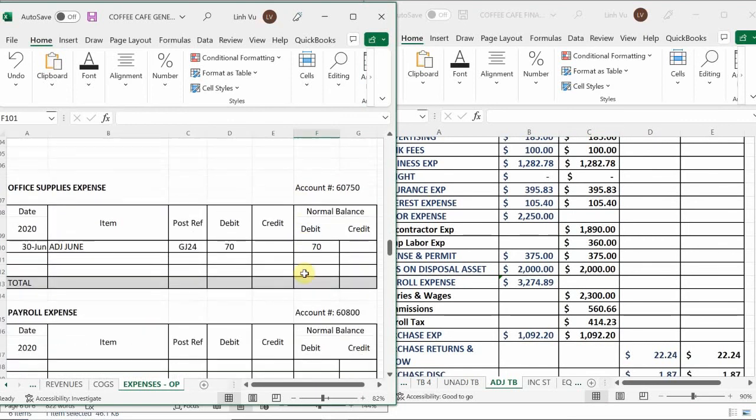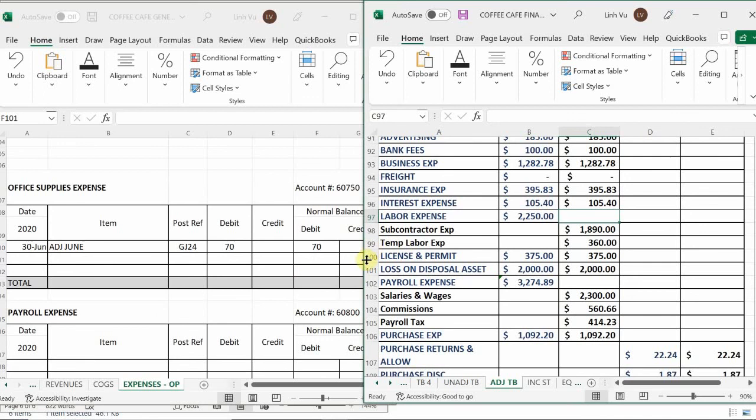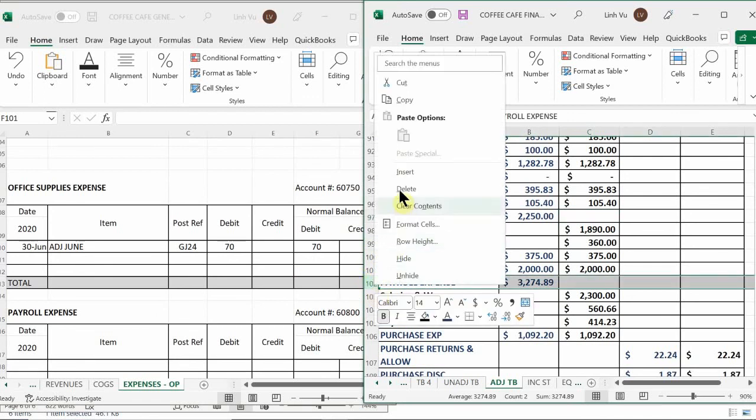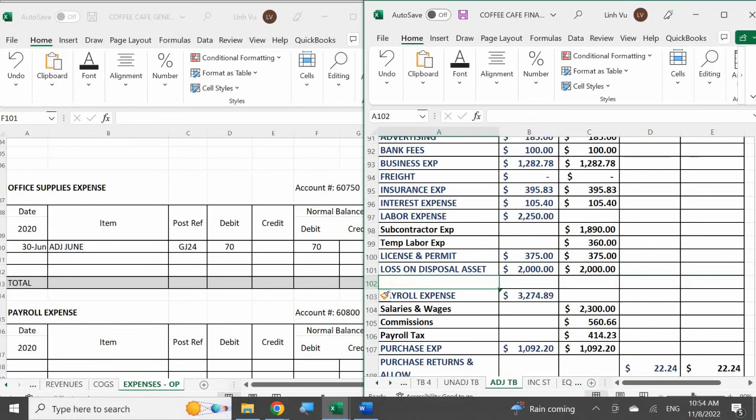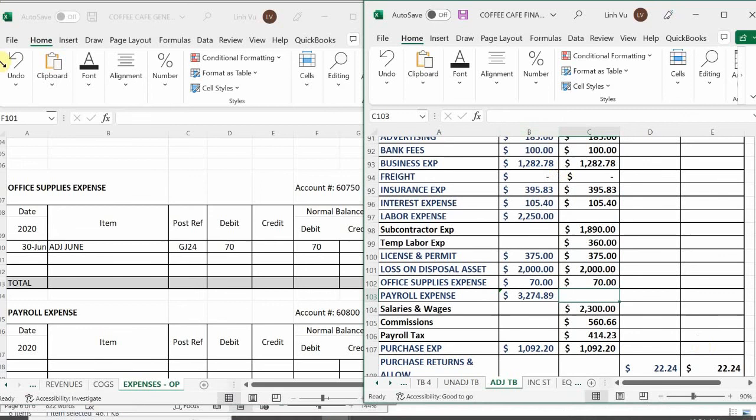And then office supplies expense, so before payroll, office supplies expense, right, which was for $70.